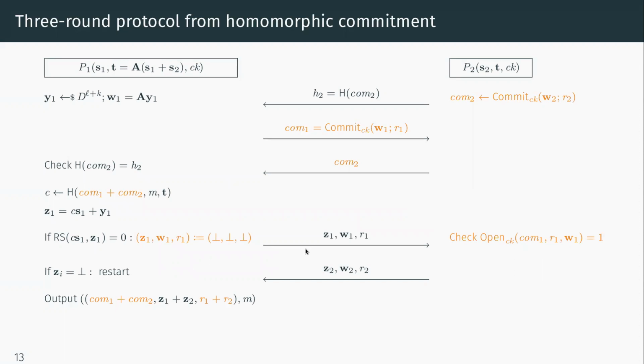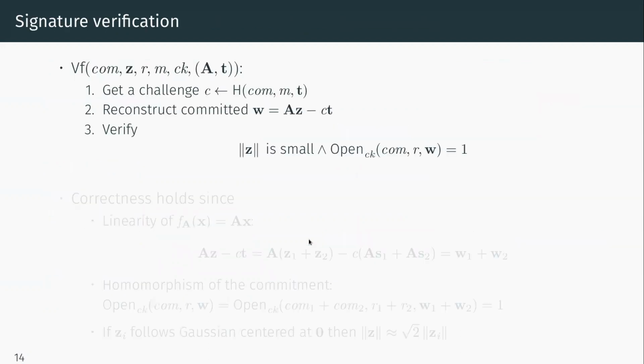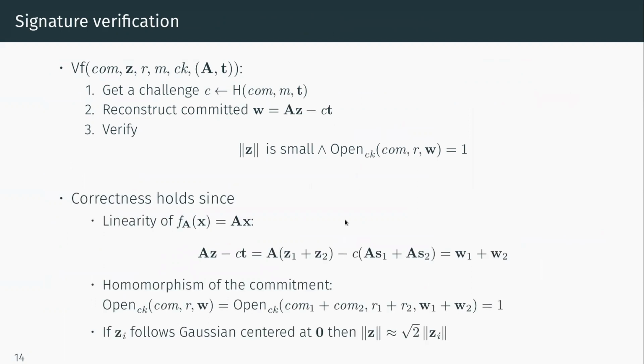So, right, this is the 3-round protocol. This actually passes the verification. Here, again, the verifier first derives a challenge and reconstructs the committed W, then checks that this W is actually a correct opening to the commitment. The correctness holds mostly because of the linearity of the operation.